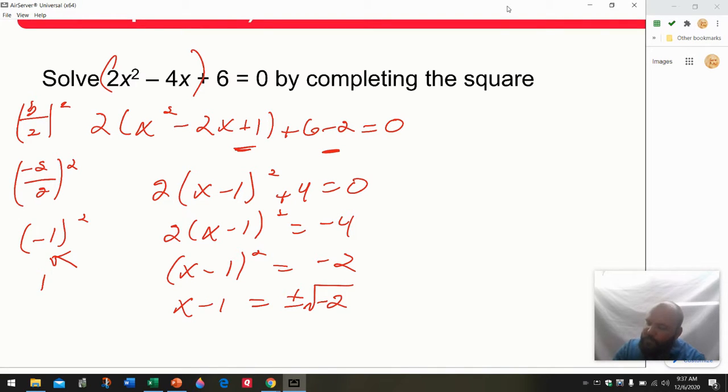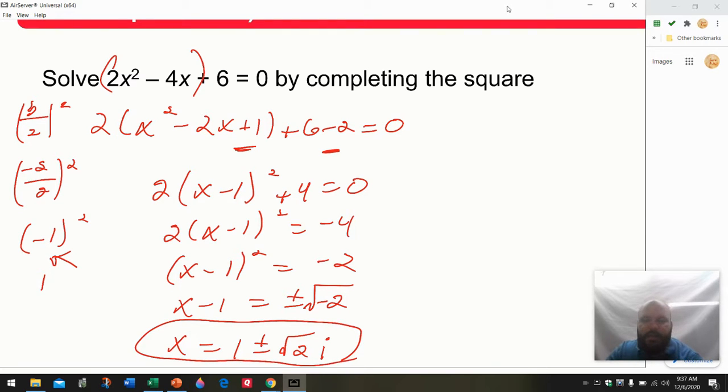So I'm going to add 1 to both sides. And then I'm going to get the square root of 2. And then the i, please note that that i is outside of the radical. The negative comes out and becomes an i. Okay, and there's your final answer. So what that would tell us is this does not have any real solutions. This only has imaginary solutions.